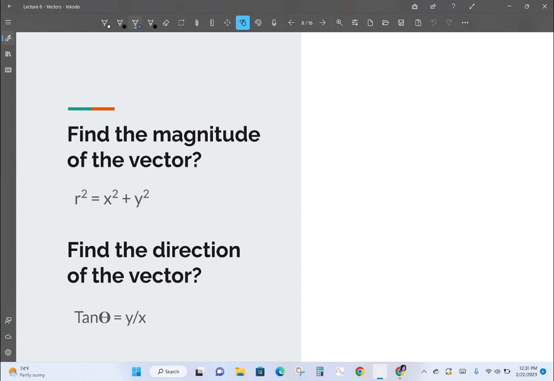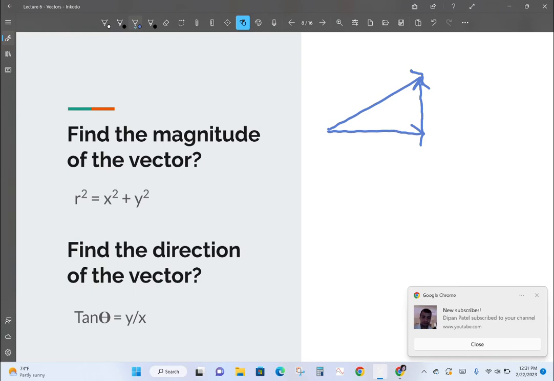So every vector has a magnitude and a direction. And the way we're going to model this is we're going to assume that when we look at the vector, it's made up of 2 vectors, an x vector and a y vector, or an x side and a y side.